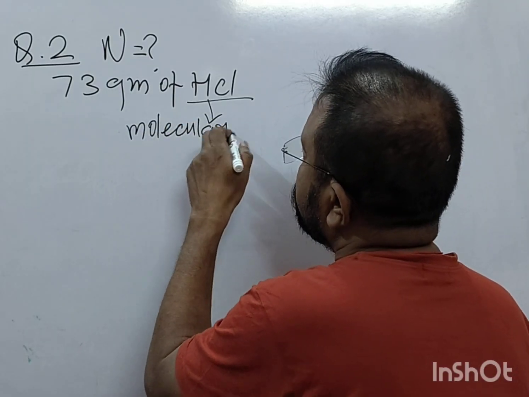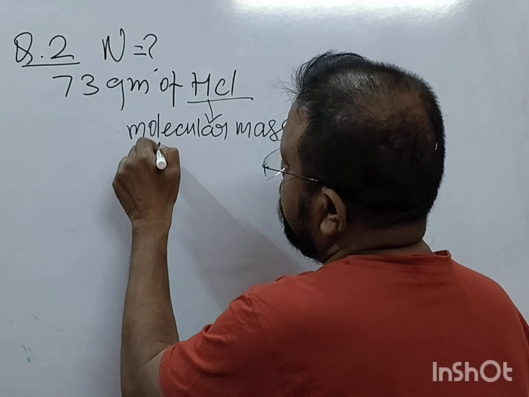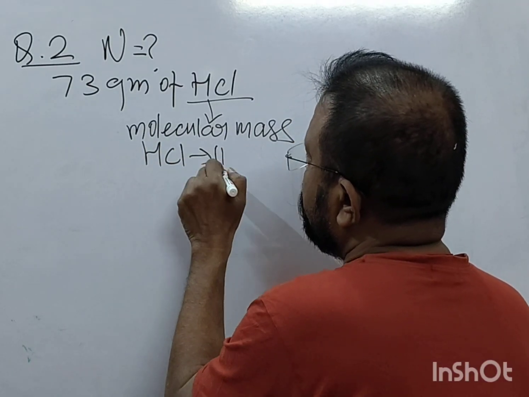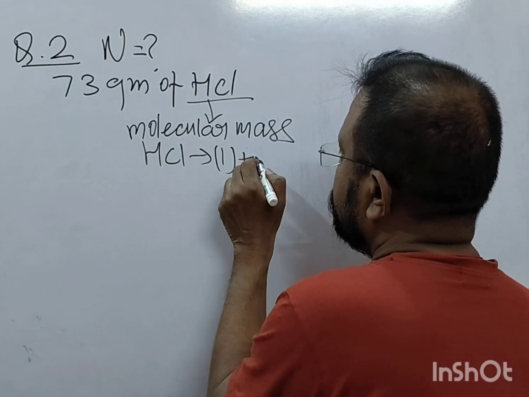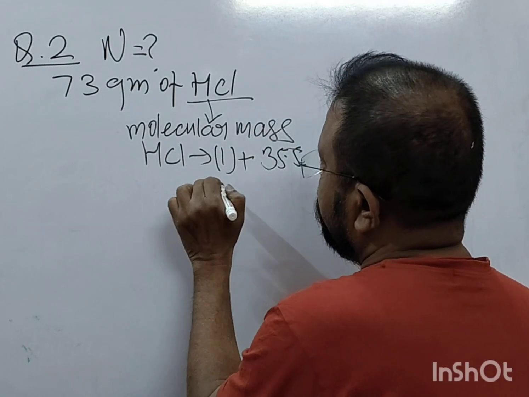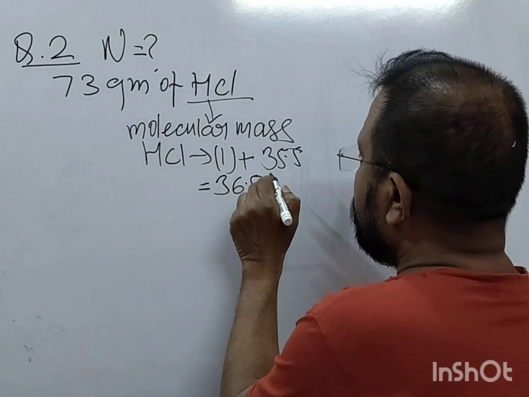HCl is 1 plus 35.5. It becomes 36.5 gram.